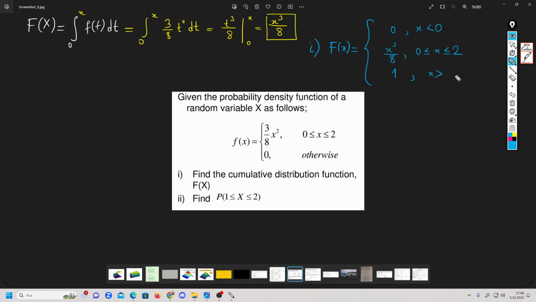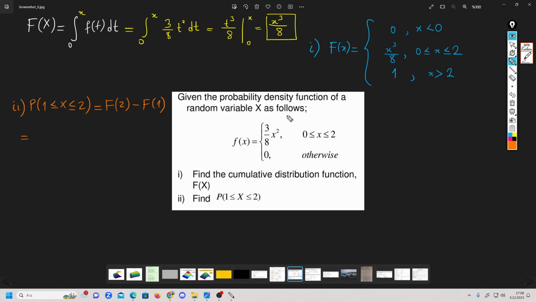X is greater than 2. Okay. And the second one, next, probability of x between 1 and 2, it is exactly F of 2 minus F of 1.